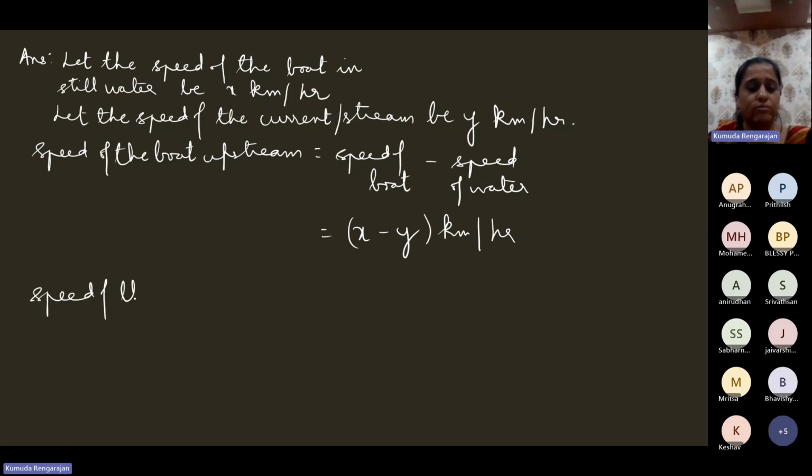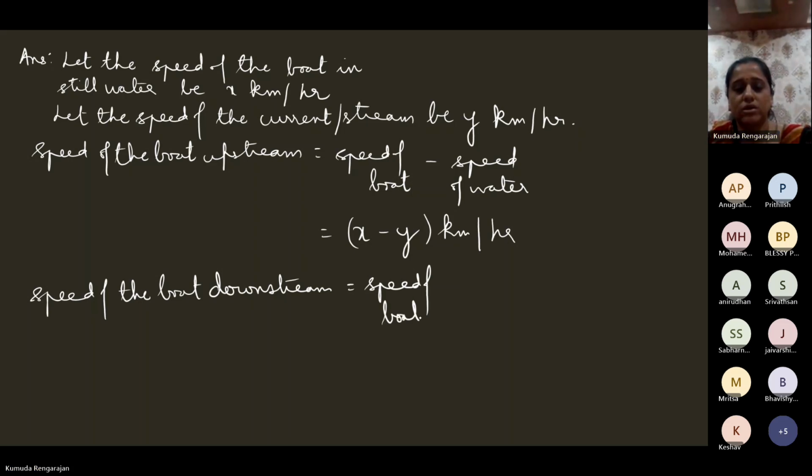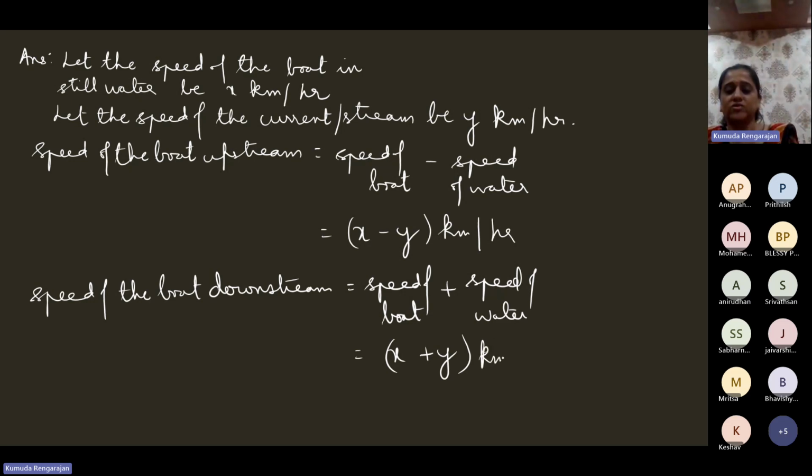The speed of the boat downstream is equal to the speed of the boat plus the speed of water, so that is x plus y kilometers per hour. These are the assumptions you need to make before you actually construct the equations. Let the speed of the boat alone be x kilometers per hour, water alone be y kilometers per hour, downstream x plus y, upstream x minus y.